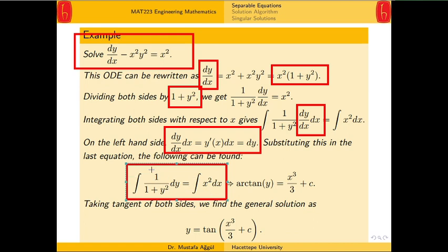Then when we integrate, this will be the arctangent of y, right? The derivative of arctangent of y is equal to that term. So this means we basically have arctangent y on the left hand side. On the right hand side, this is a power function, so this will be x cubed divided by 3 plus some constant of integration.